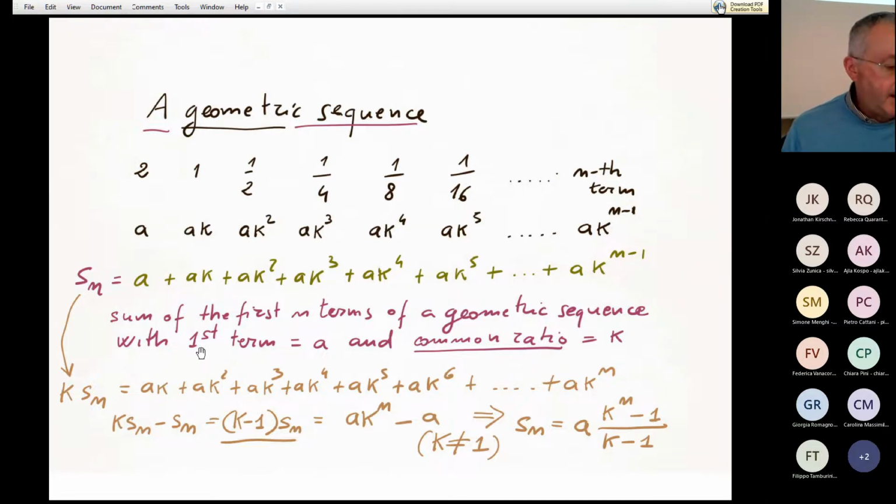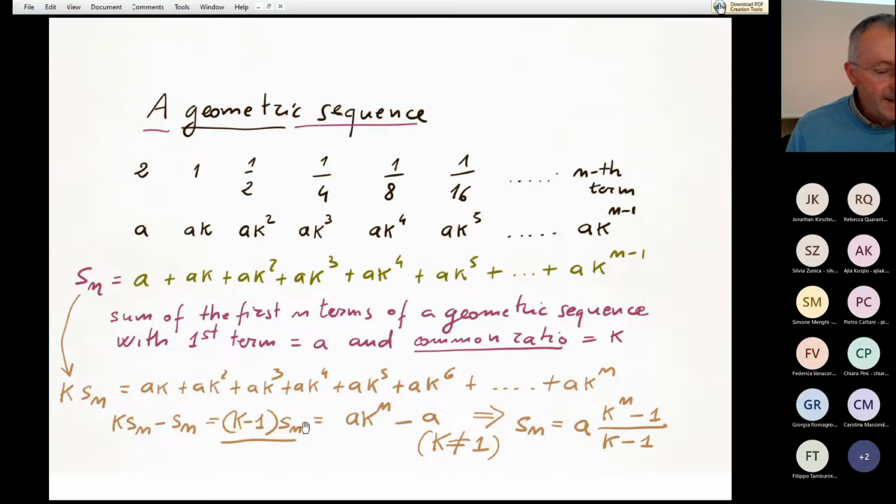Okay, so an important application is the sum of the first n terms of a geometric sequence, okay? So there is a formula for this sum. You can look at the proof, which is here already.